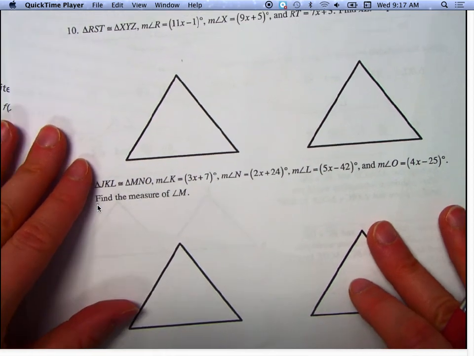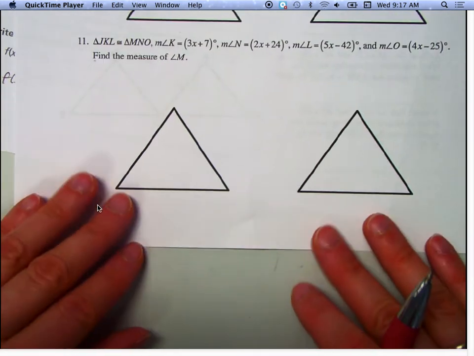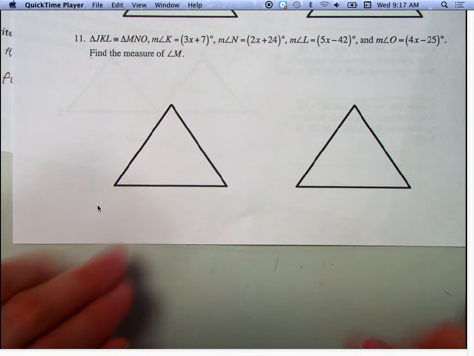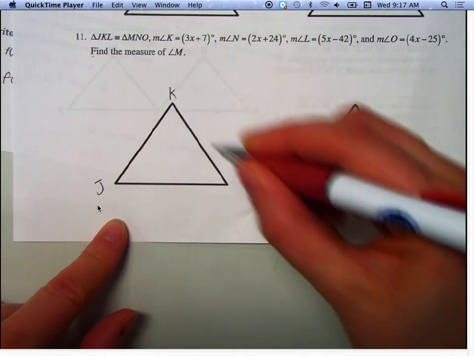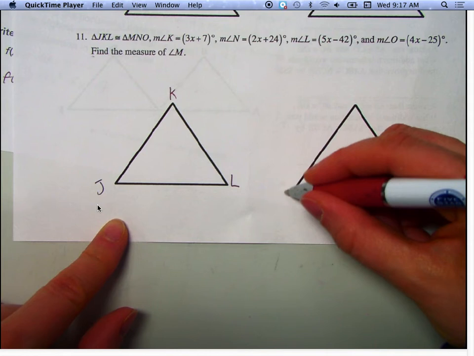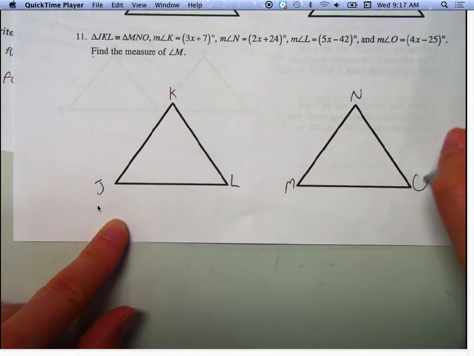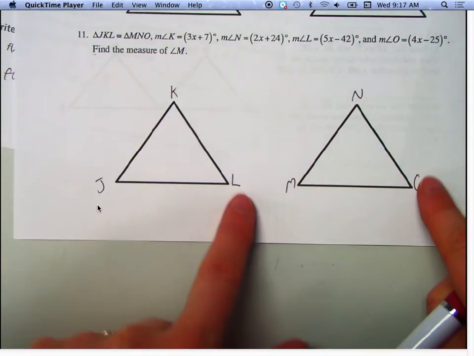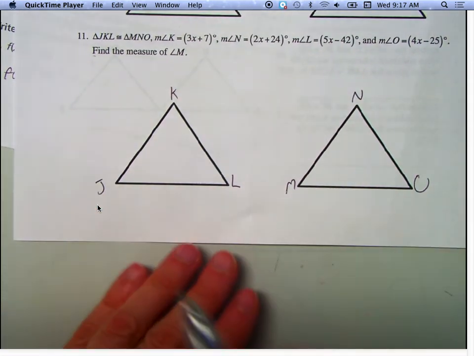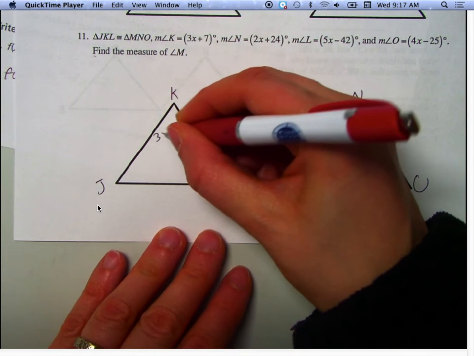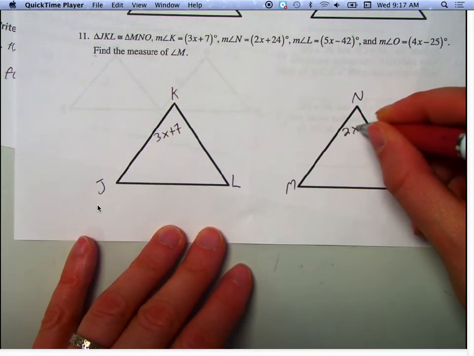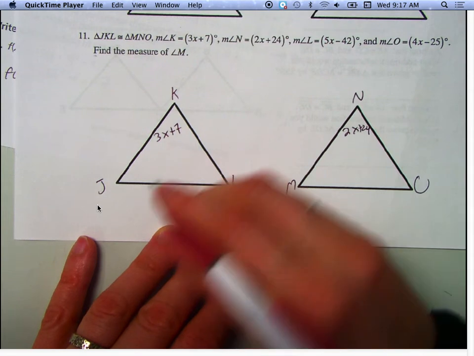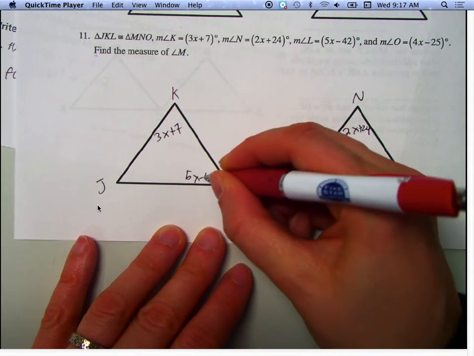We're going to do number 11 then. Okay, number 11. Let's label them: triangle JKL and triangle MNO. Remember, I have to put them in the same spots. Angle K is 3x plus 7. Angle N is 2x plus 24. Angle L is 5x minus 42.